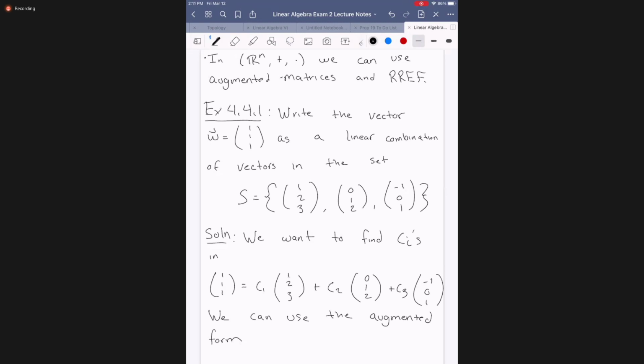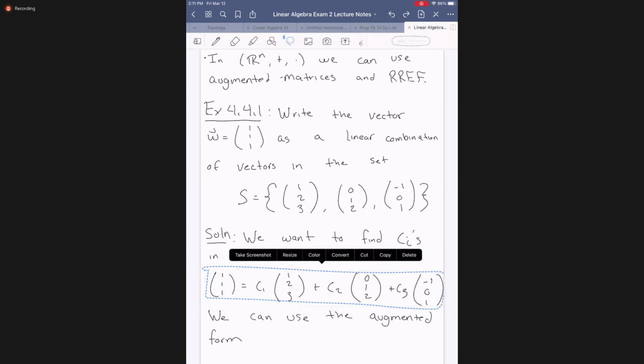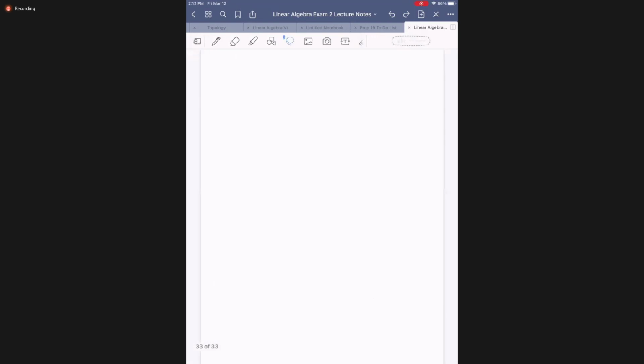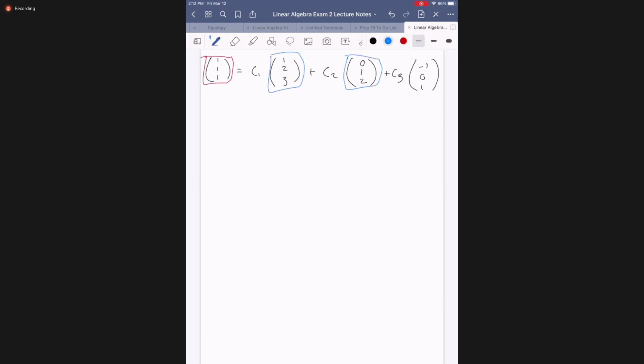And what is the augmented form? Well, let me put this on the next page. We're going to put this guy on the constant side and all of these on the left hand side of that.